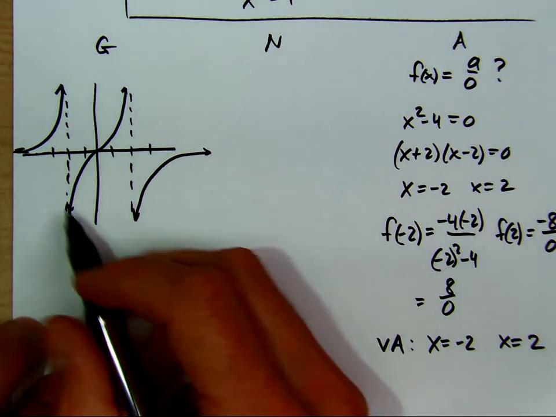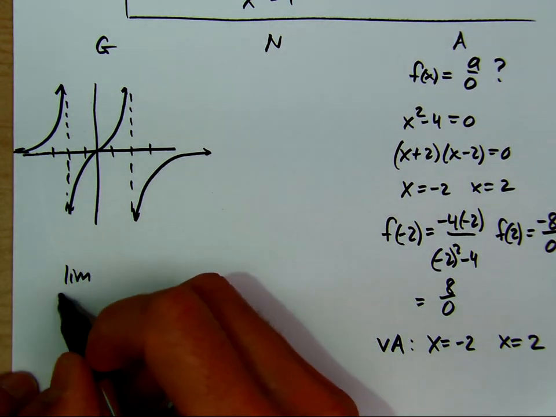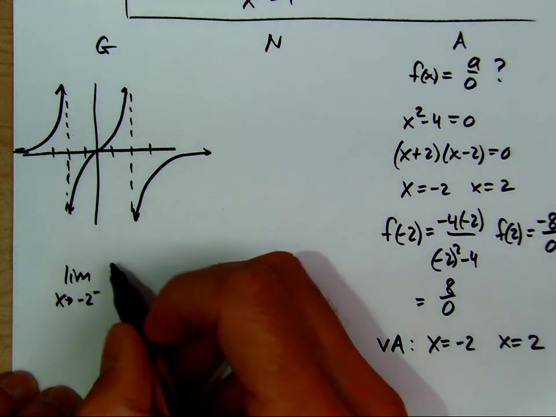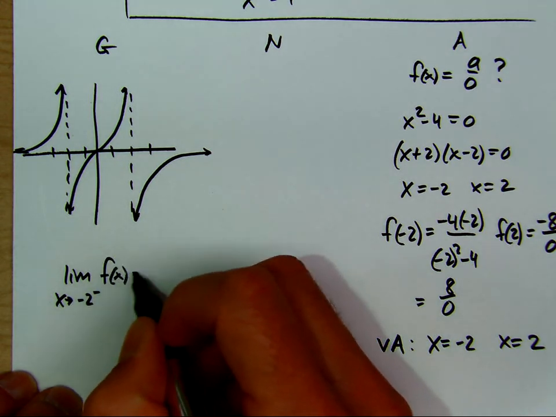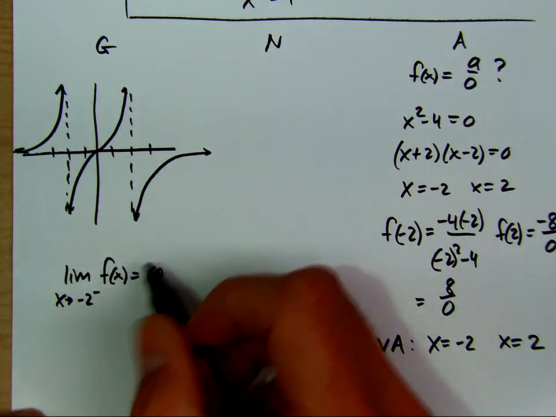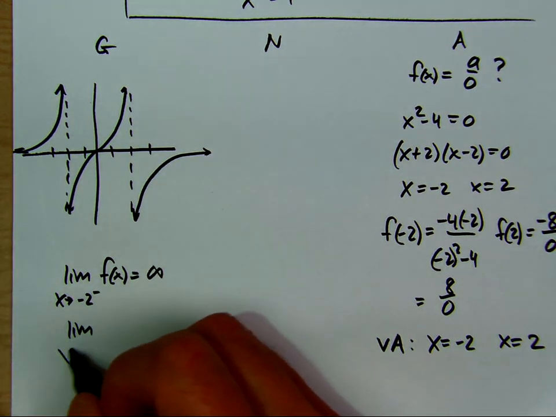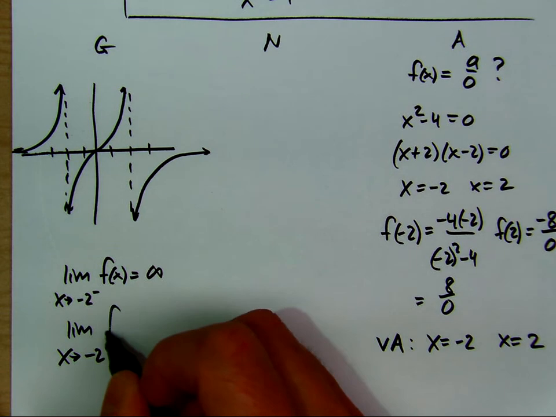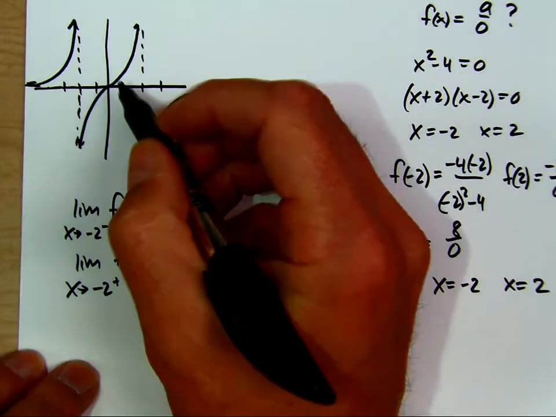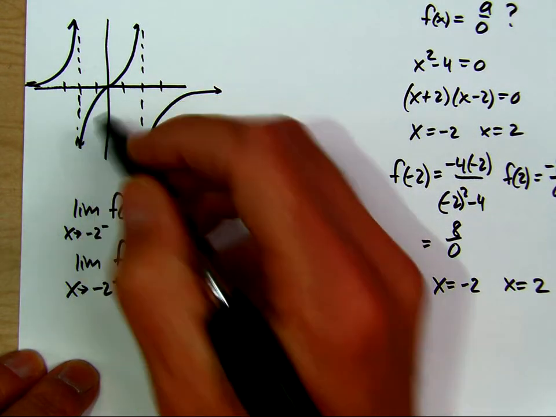And we can describe the limits here. Limit as x goes to negative 2 from the left is positive infinity. Negative 2 from the right, that's negative infinity.